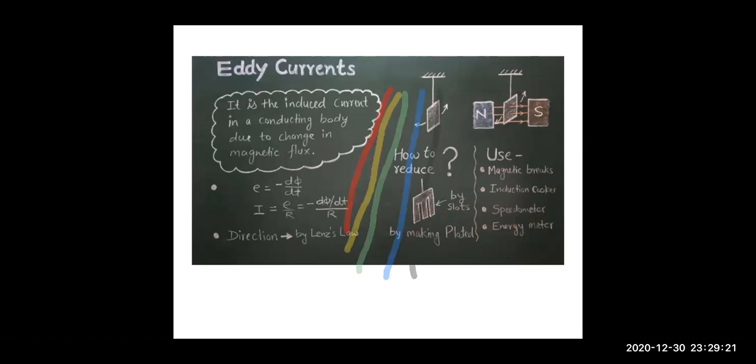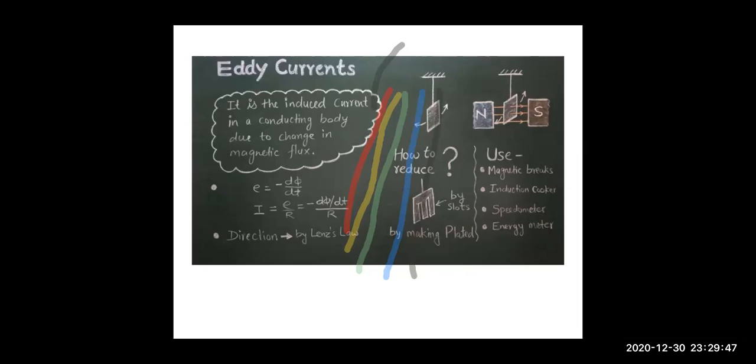So children, the eddy current which is produced in one sheet, suppose in the red sheet, will not affect the yellow sheet. Hence the eddy current will be reduced to a large extent. Okay children, so these are the two methods how we can reduce the eddy current produced in any conductor.